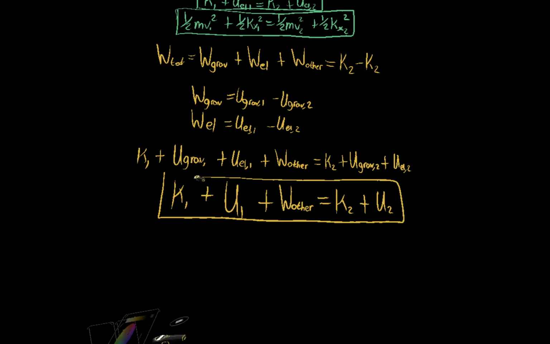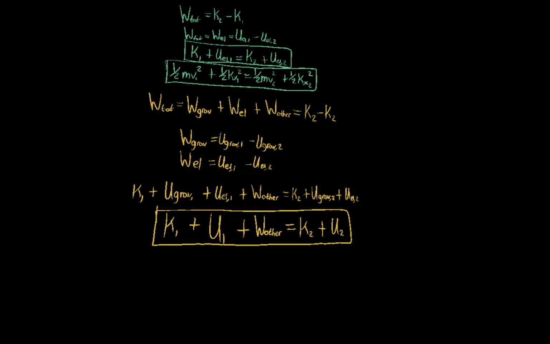This is the completely general energy statement. The kinetic energy of an object plus the potential energy from the object within the system that it's in, by position, plus any other work that's happening, is equal to the kinetic energy plus the potential energy in the object system at some later point.